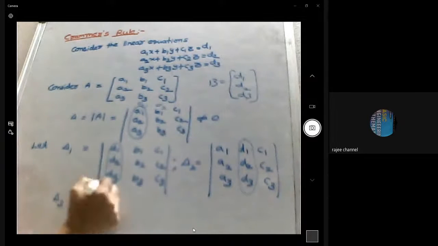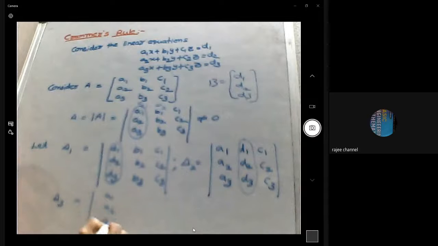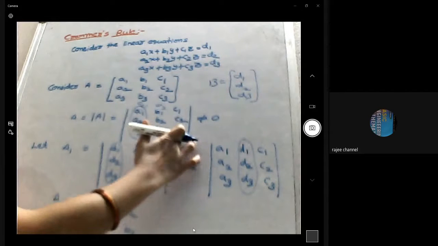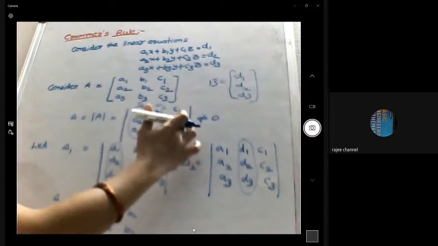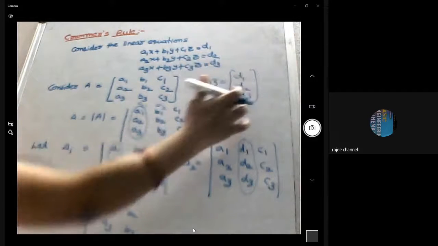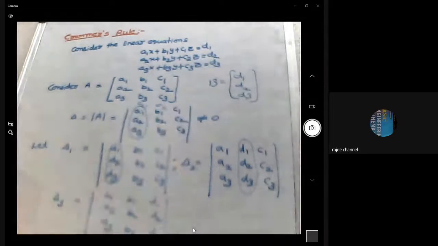So we write the determinant with first column a1, a2, a3 as is, second column b1, b2, b3 as is, and only the third column changed, replaced by the constants d1, d2, d3 in the place of c1, c2, c3. So this is the delta 3 value.